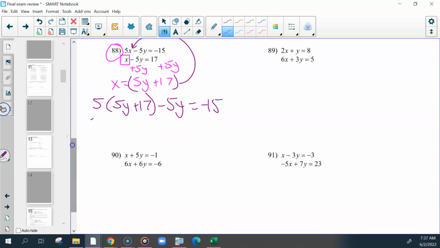So this would become 25y plus 85 minus 5y equals negative 15. If we combine our like terms and move 85 over, we have 20y, and moving 85 over by subtracting, we have equals negative 100.